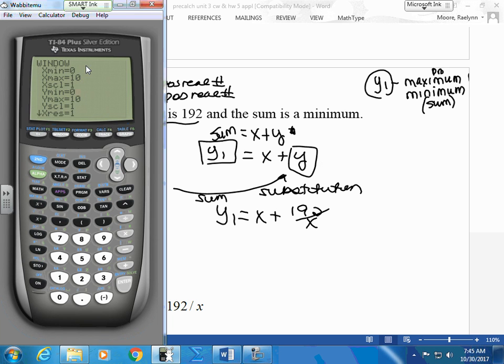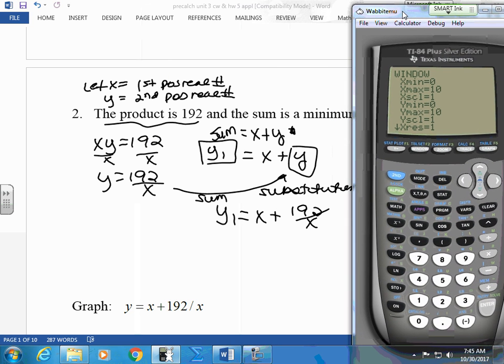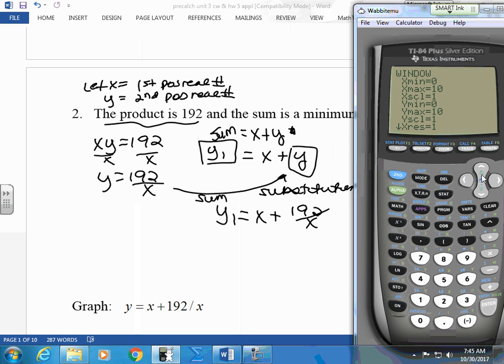Now let's see if we could estimate what my x max and my y max could be. Okay, so let's say 200. What was your y max going to be? Okay. Let's see if we see anything.